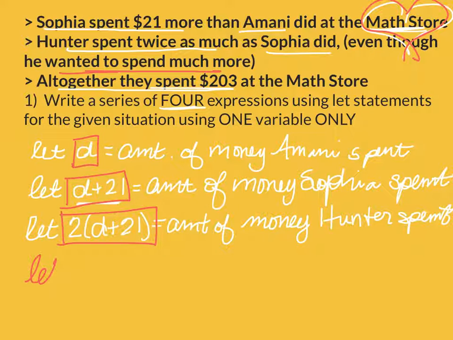Remember, I find a total by adding, so it's D plus 21 plus 2 times the quantity of D plus 21. Now that equals the total they spent at the math store.